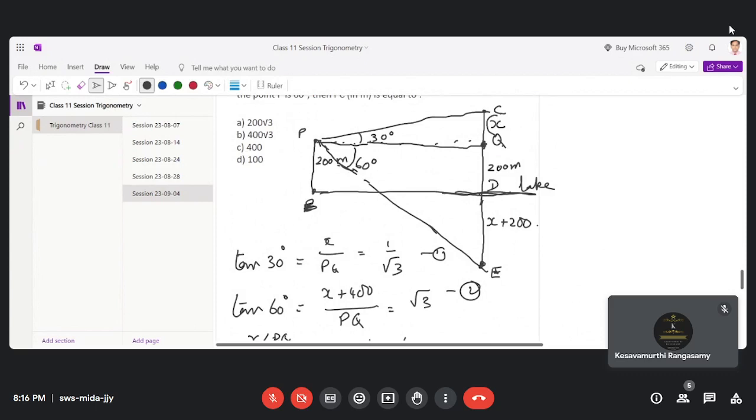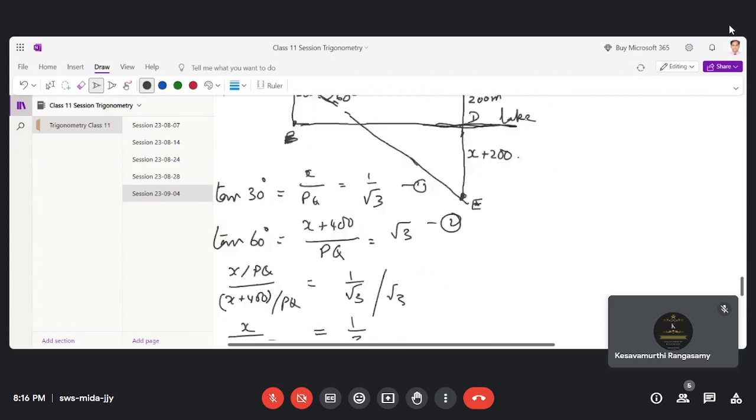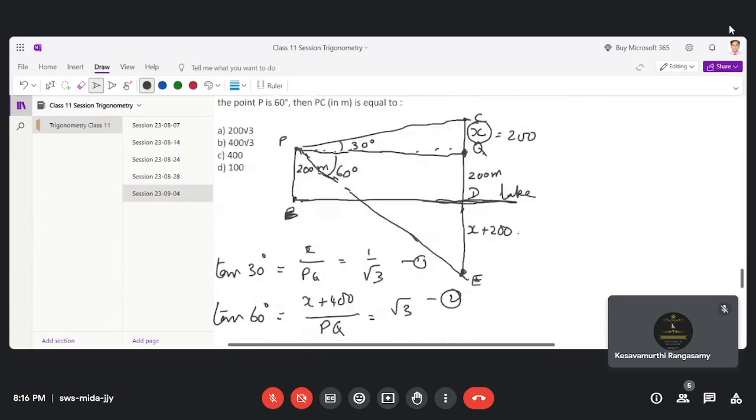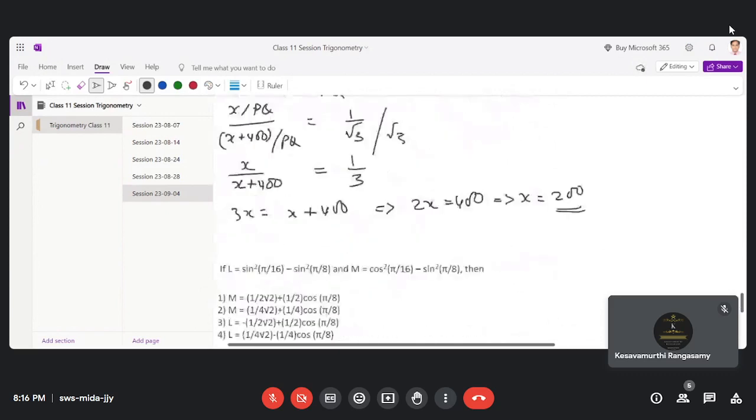So this X is equal to 200, right? So in this PQC triangle, sine 30 degrees equals 200 by PC.